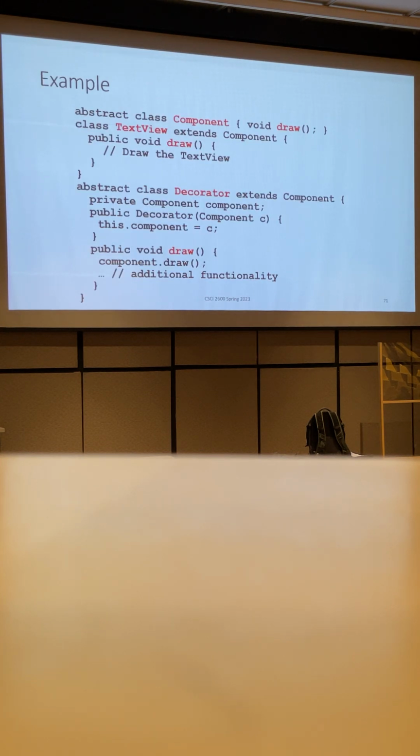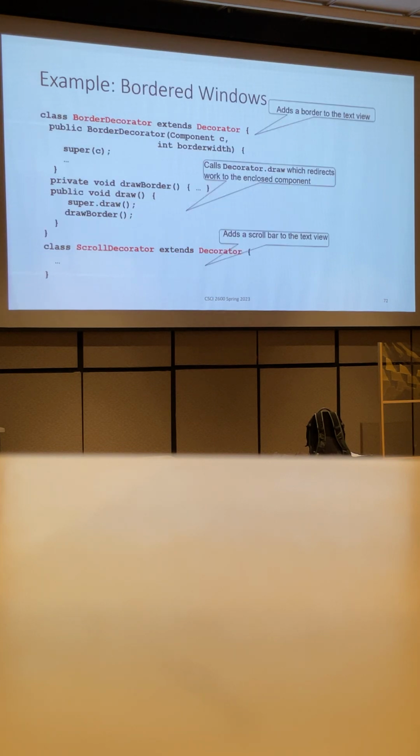We can have a decorator with the components of the text, like this idea of adding borders and underlining, whatever decoration, to our text. Here's our border decorator that extends the decorator. Here's our scroll decorator that extends the decorator.